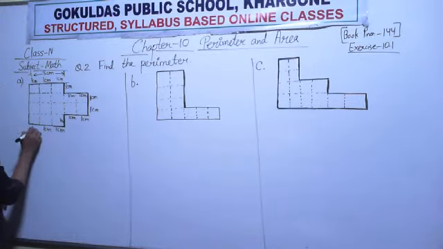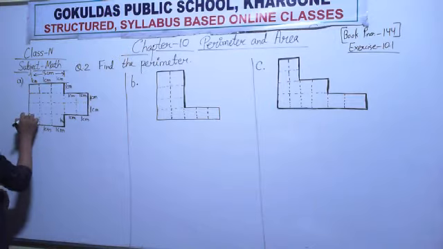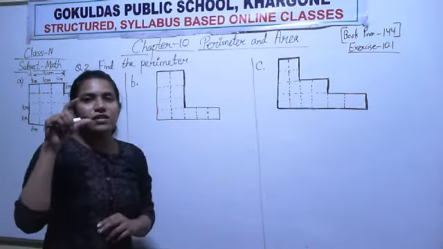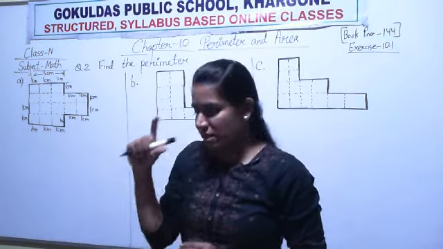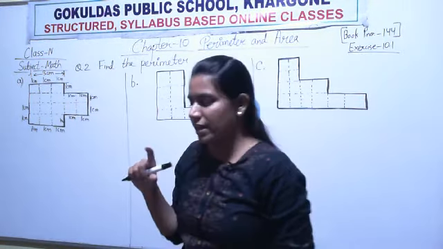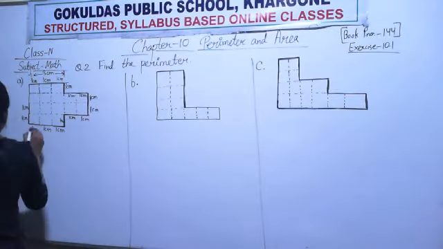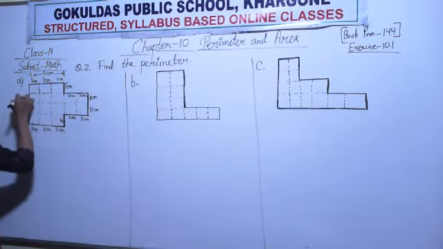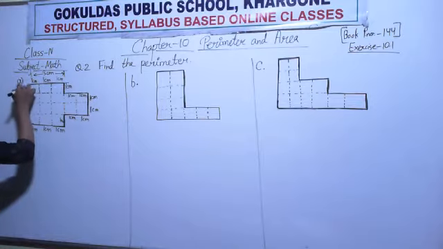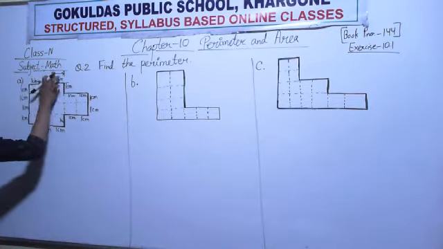This part is 1 centimeter. It is also 1 centimeter. Means each small square side is 1 centimeter. This side is 1 centimeter and this side is 1 centimeter.